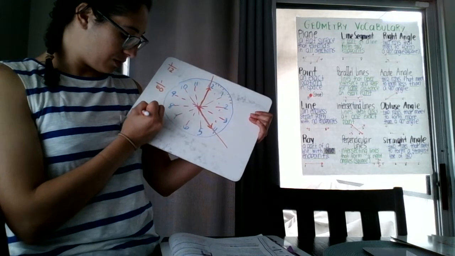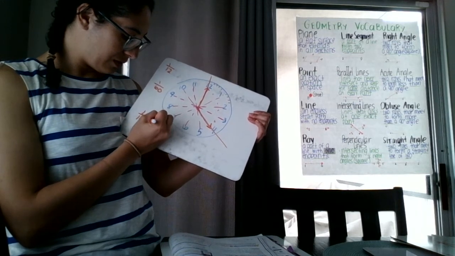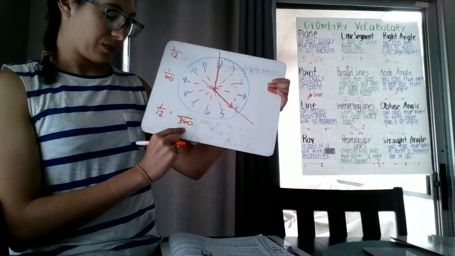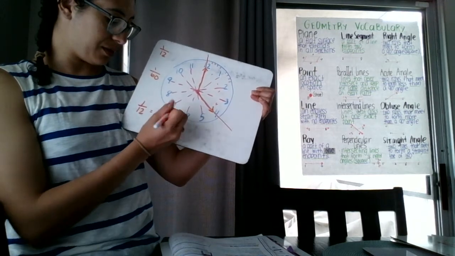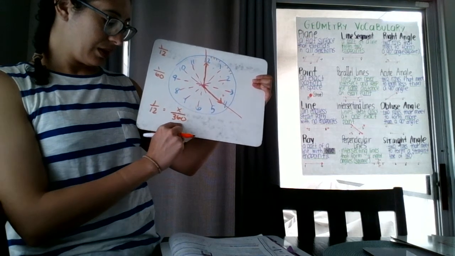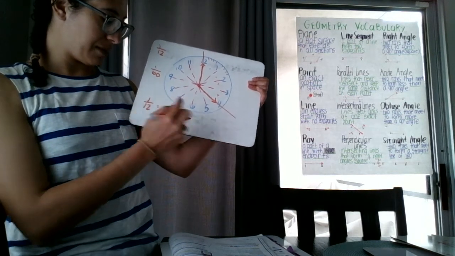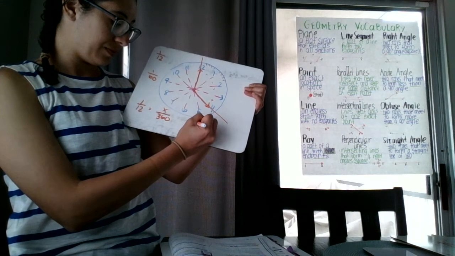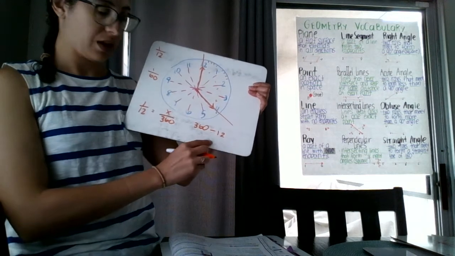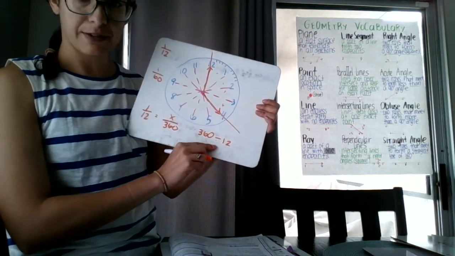So I'm going to do my 12 equal to 360 degrees, and I don't know that part, okay? So I need to divide 360 by 12. Okay, can I use a basic fact to figure it out?